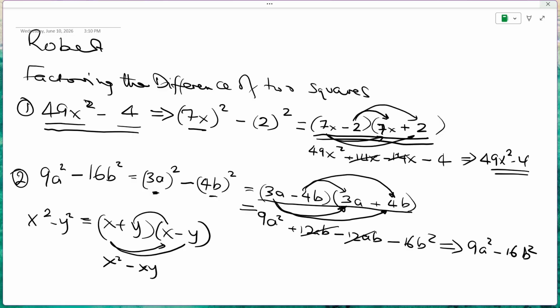And then y times x here will give us plus xy. And then minus y times minus y will end up giving us, sorry, will give us minus y squared. So these two will cancel out, and we are left with x squared minus y squared, which is the original expression we had.